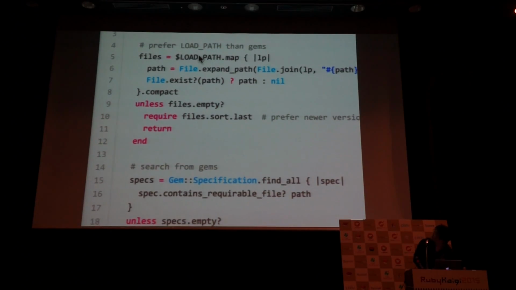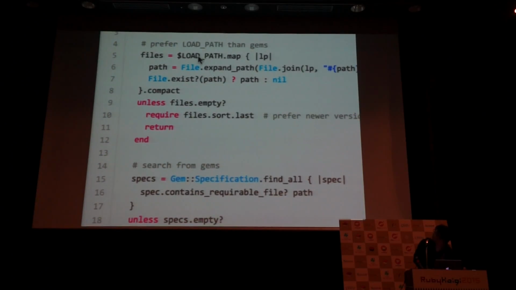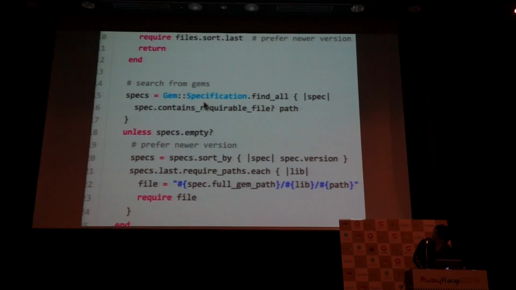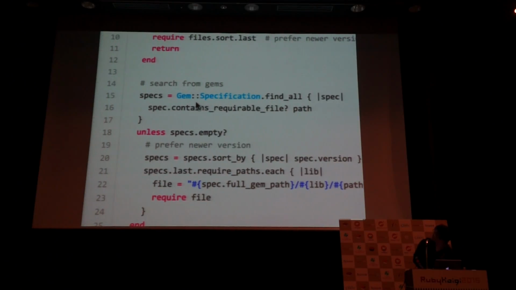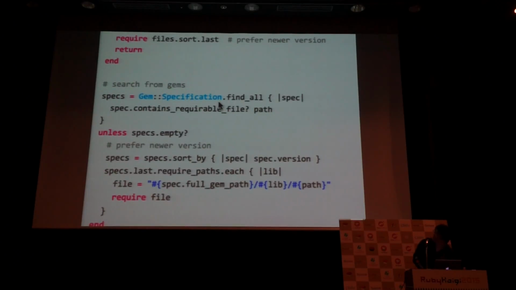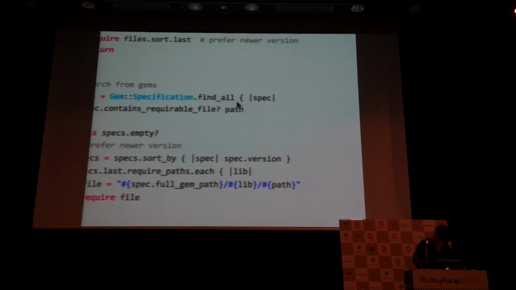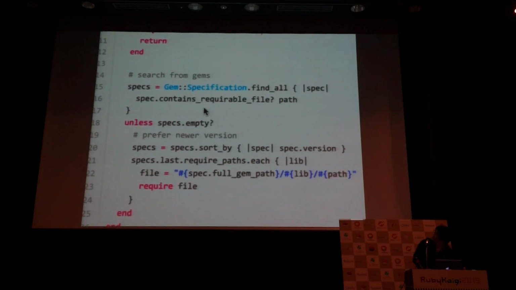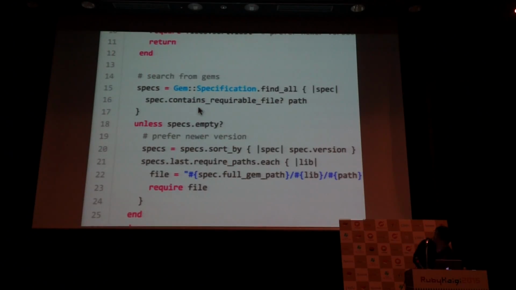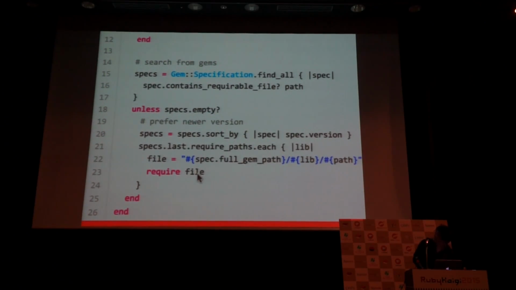But if it is not in the load path, it goes here and uses the gem API: Gem::Specification.find_all. It lists all installed gem specifications and iterates this block for each. Then if the path is included in the gem, use it. That architecture is simple.